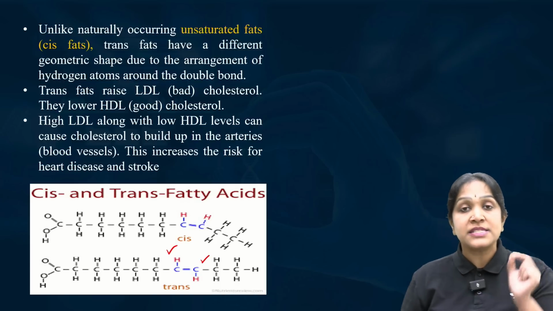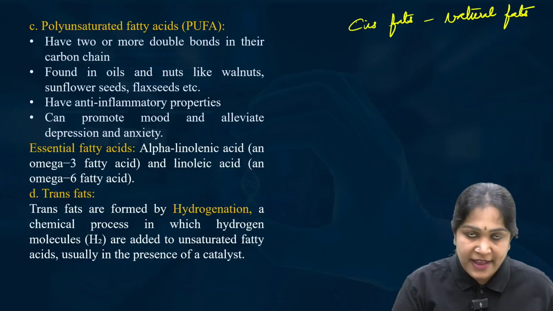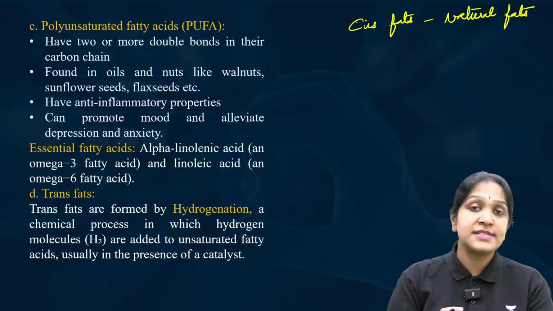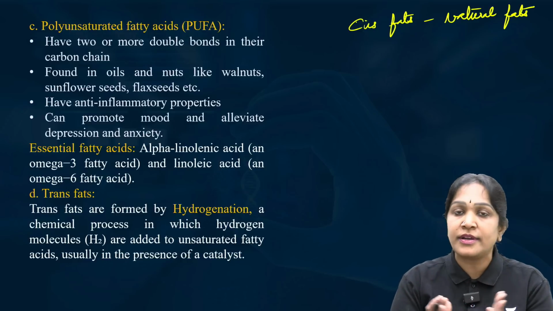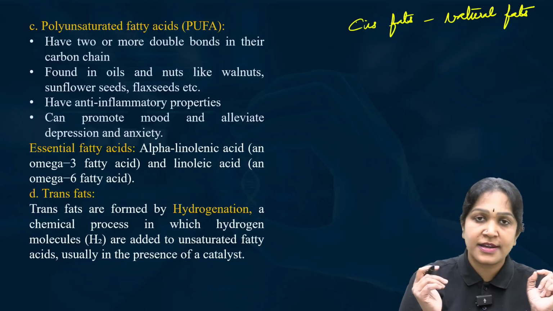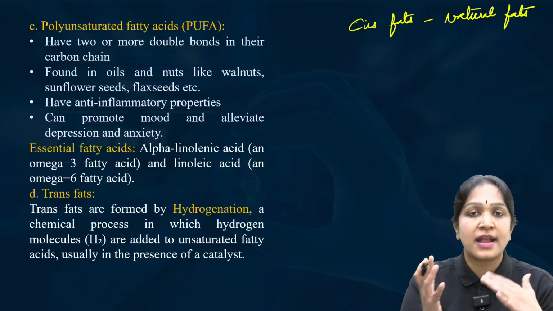Hydrogenation means we are artificially making the trans fats. Because our natural fats are cis fats, our digestive enzymes can recognize only the cis fats. They cannot recognize the trans fats. So it is very difficult for us to digest the trans fats.